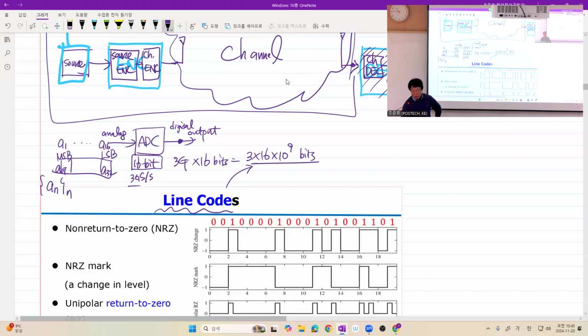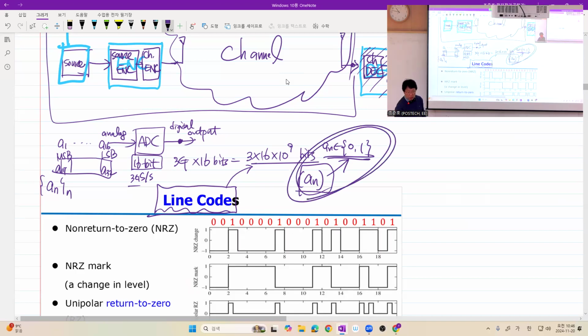In this way, you may construct a sequence of bits. To make everything simple, let's say each bit is either 0 or 1. And then you have a sequence of zeros and ones. And line coding is very simple. You convert this sequence of bits to a waveform. So the encoder for line codes converts this sequence into a continuous-time signal.